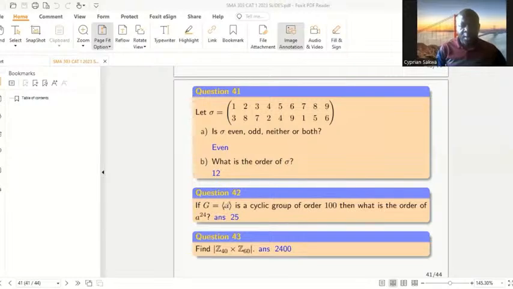If G is generated by a, a cyclic group of order 100, what is the order of a raised to 5?